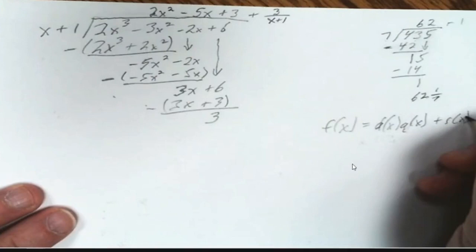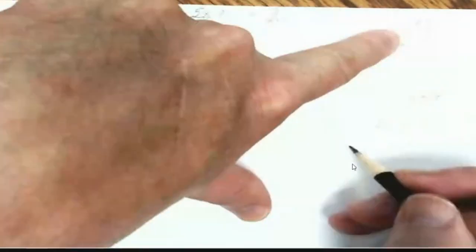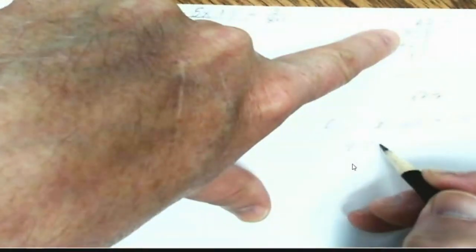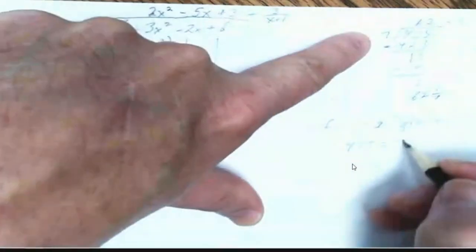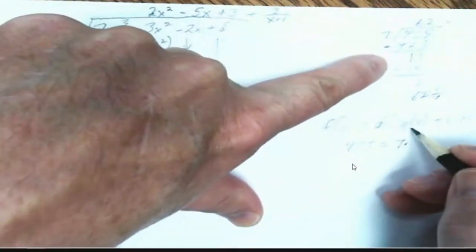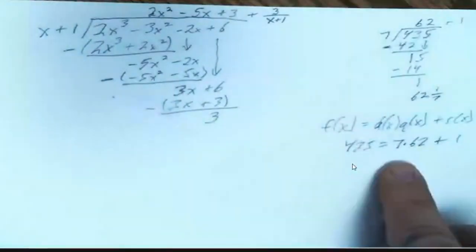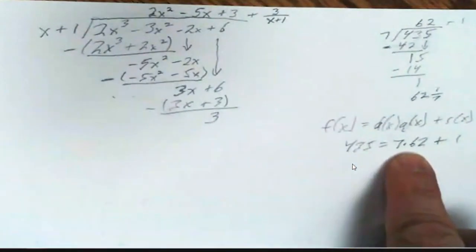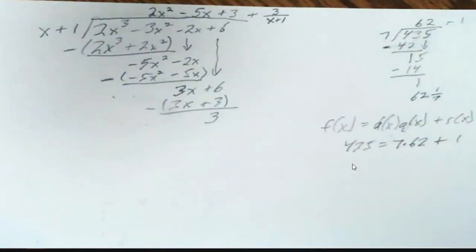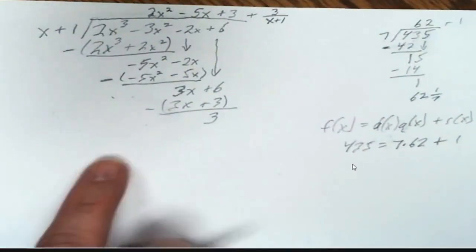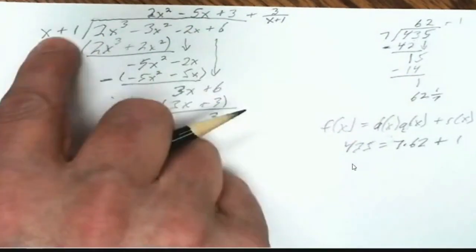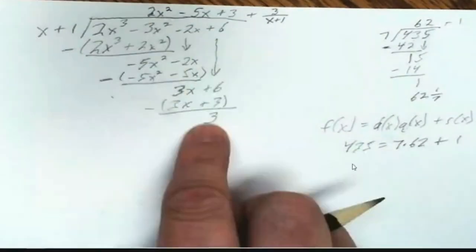So if we look at that, 435 equals the divisor, we divided by 7, times the quotient, well, that's 62, plus the remainder. So if we take 7 times 62 and add 1, we'll get 435.